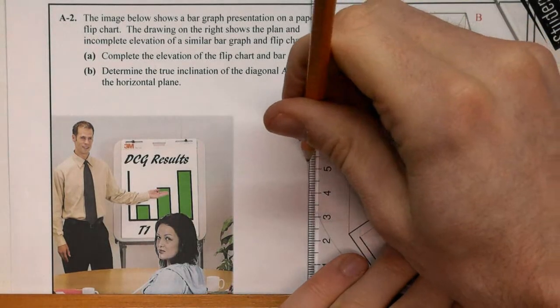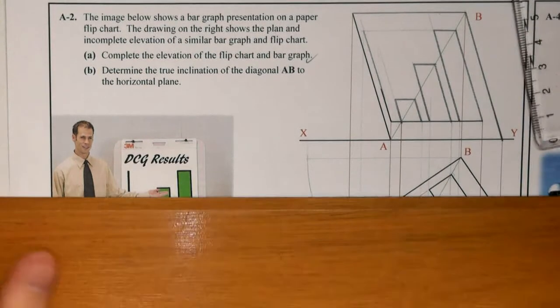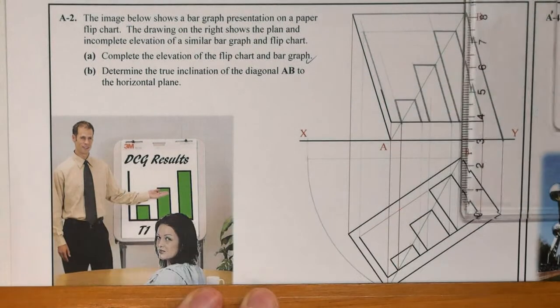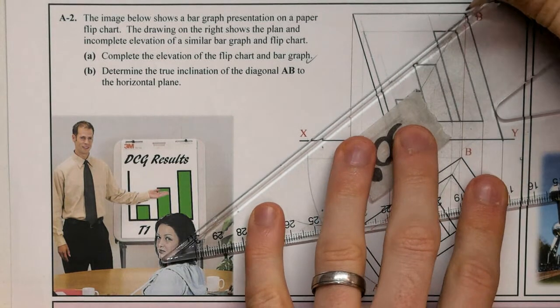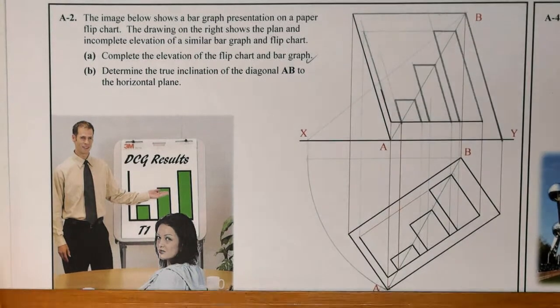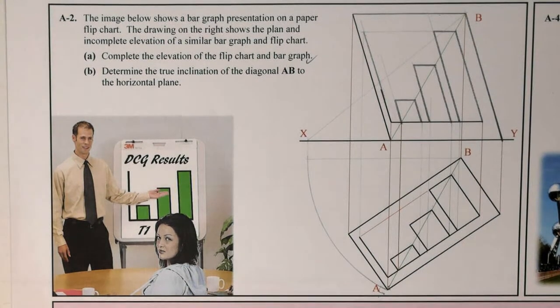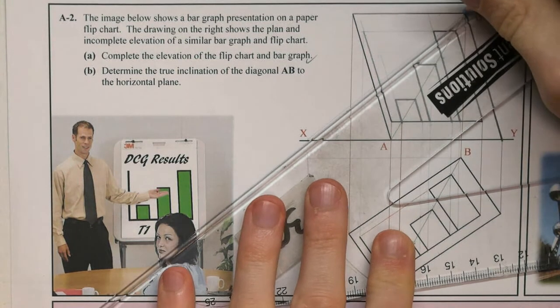So that's AB, and we're looking perpendicular to AB now. So project it up onto the line. Alright, so that's method 1. I'm actually just going to highlight all of that so it makes sense here.